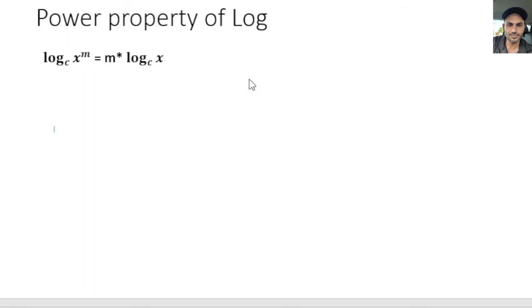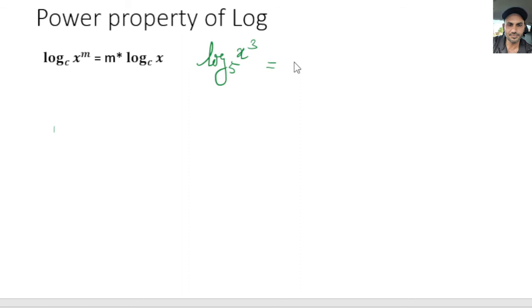So let's see if we have this expression, log of x cubed with base 5, and we want to simplify this using the power property of log. What we do, we take the exponent of this x term and bring it to the front and multiply it with the expression.